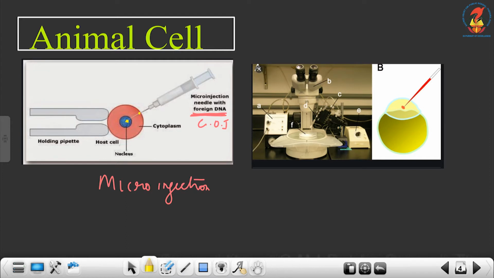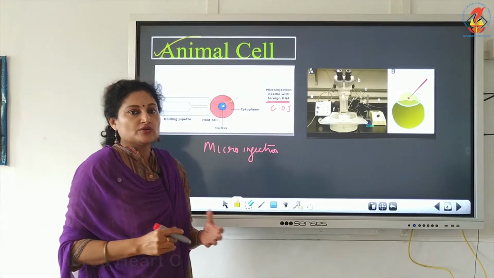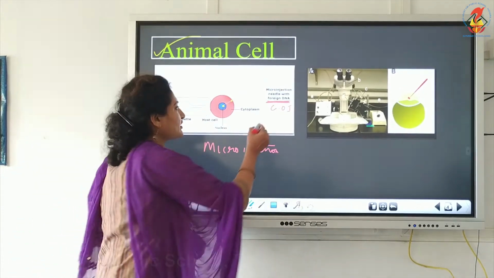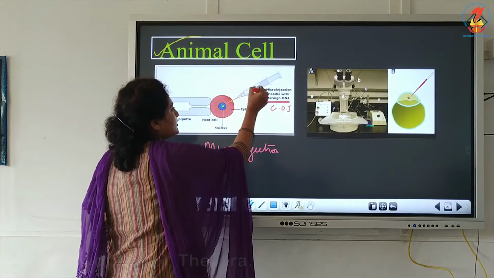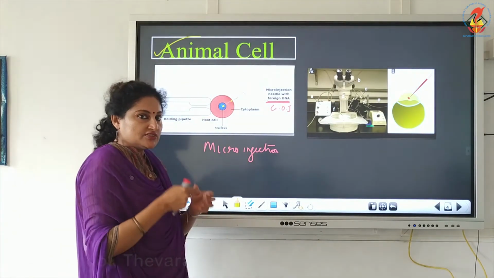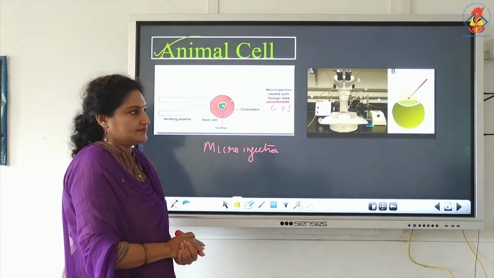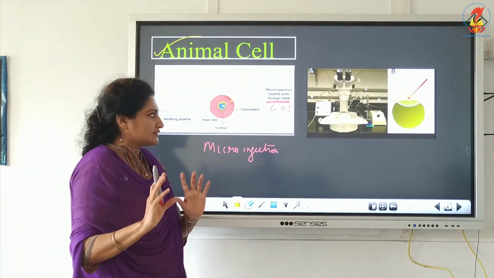So that is micro-injection, where the host is the animal cell. There we don't make use of a gene gun. In that case, we make use of micro-injection, where the foreign gene or the gene of interest is directly injected into the nucleus of the animal cell. So is it clear?